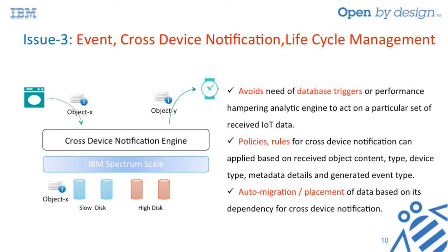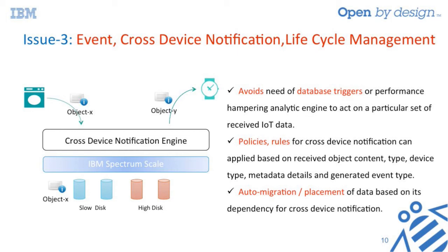Let's think about a washing machine, which you can see on the upper left side, that sends the remaining washing time or the powder fill status via an object X. It sends it to the cross-device notification engine, and the engine can detect, based on the metadata, from which device, meaning which washing machine, the message was sent, and it can detect based on rules if it should do something with that message, if it should forward it to a different device.